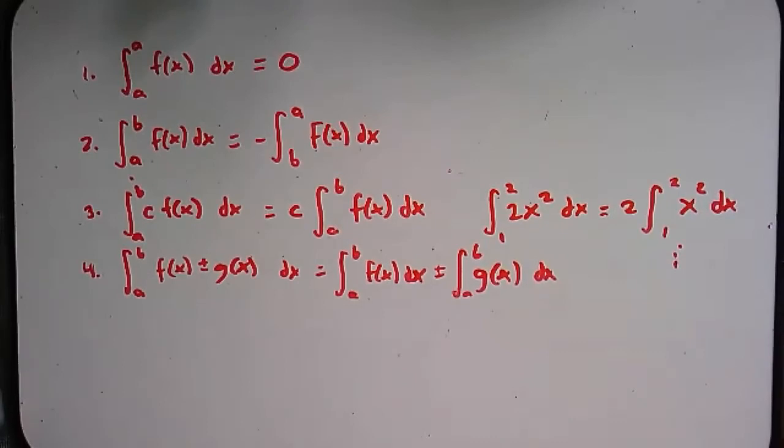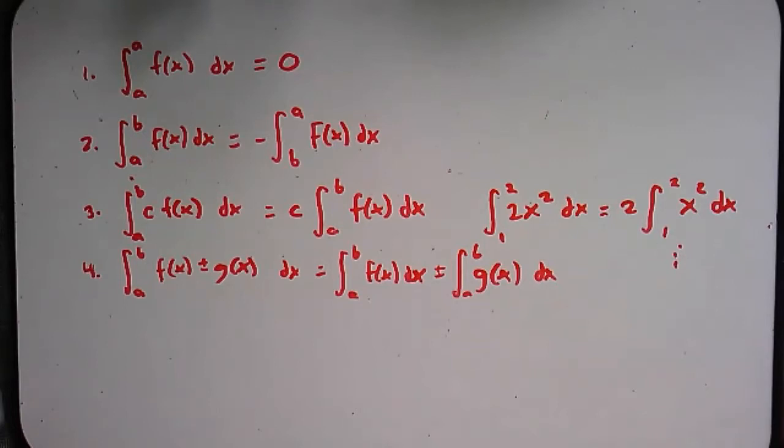And again, you've probably been using this. If you have a function like y equals x squared plus x, well, you can do the definite integral of x squared and the definite integral of x separately, and you'll get the same answer as if you took a single antiderivative of the function x squared plus x.